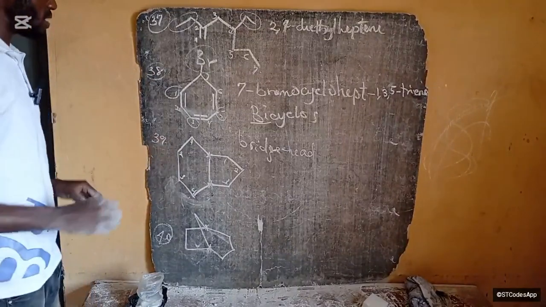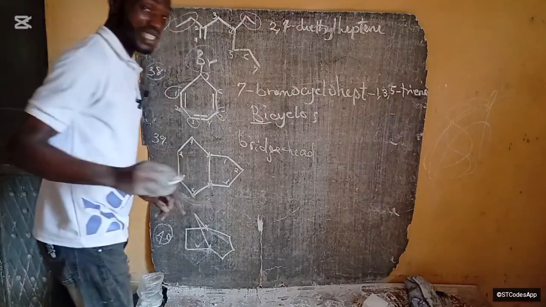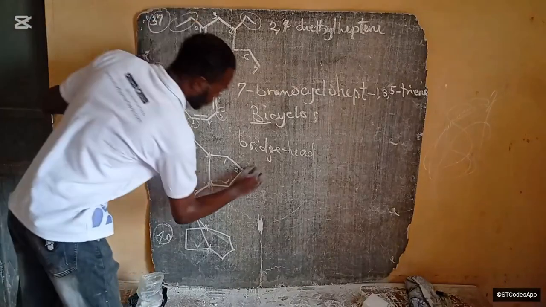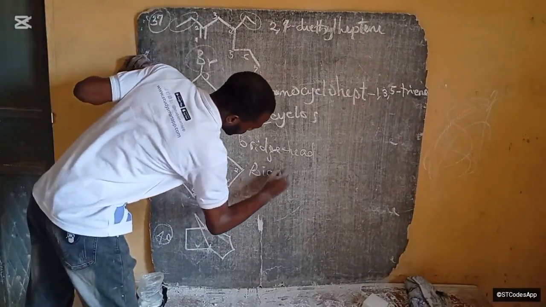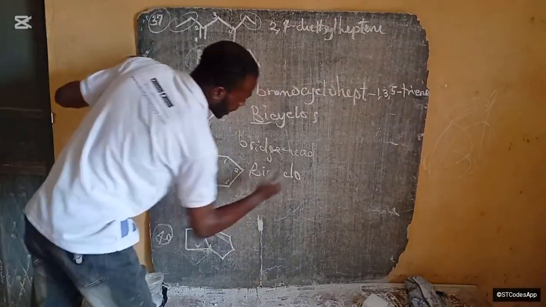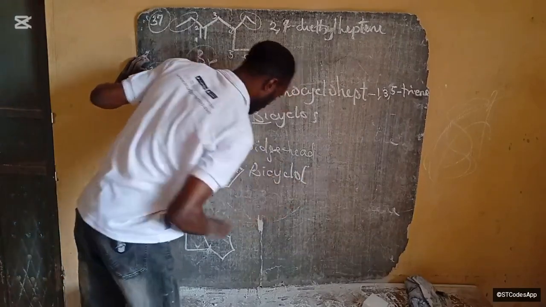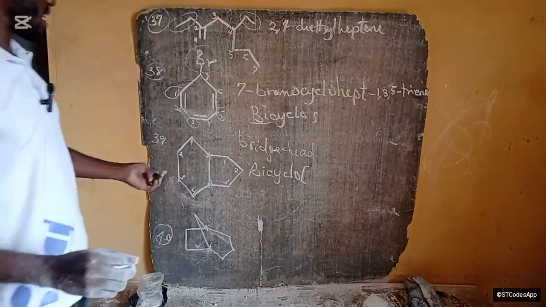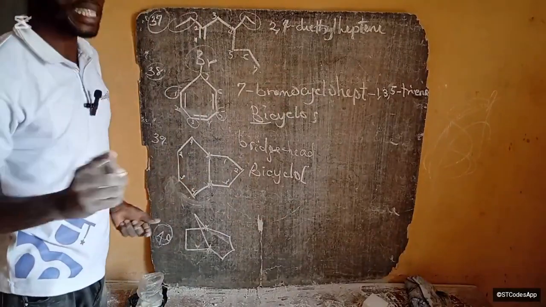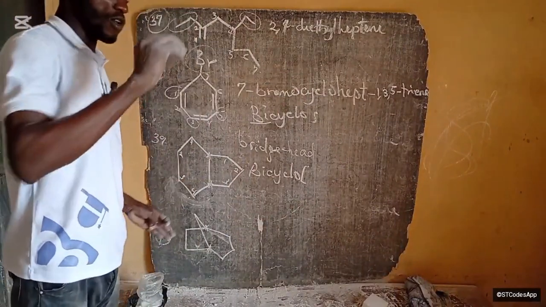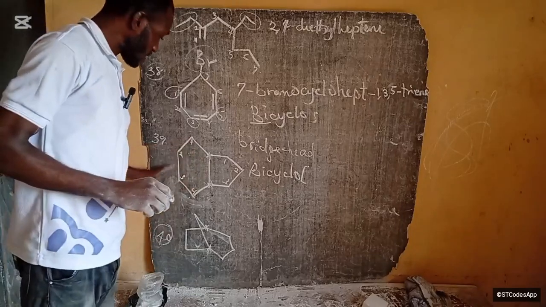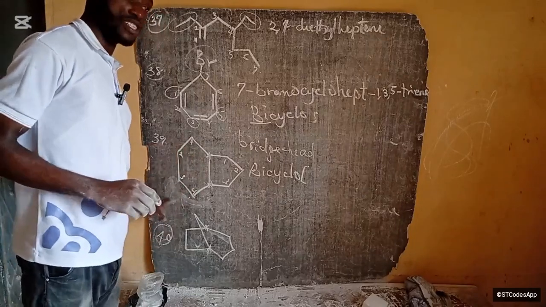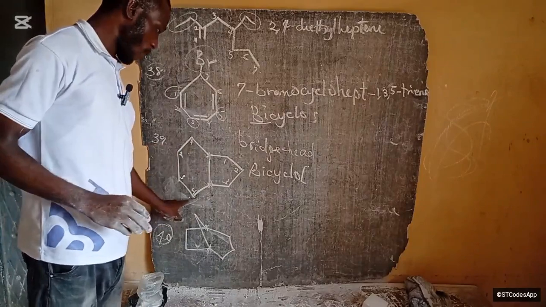So how are you going to name this guy? Now the bridge, you are going to start with the name bicyclo. Now you open a square bracket and write in descending order, that is from the highest to the lowest. The ring with the highest number of carbons is this one, that will be 4.